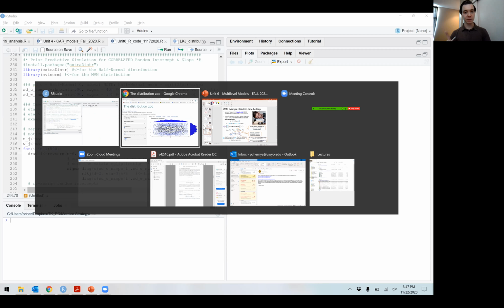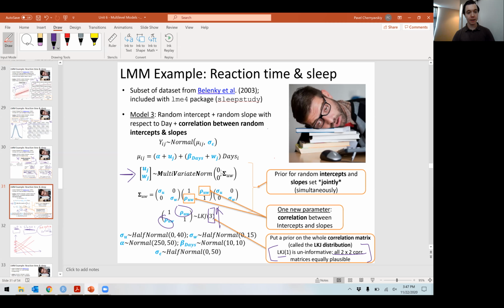The variance covariance matrix is describing the correlation between my random intercepts and my random slopes, not the correlation in my data. If that variance covariance matrix was describing the correlation in the data, it would need to be n by n. But it is only 2 by 2 because I have random intercept, random slope.